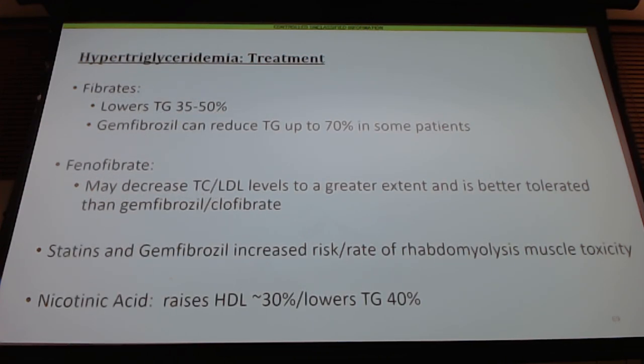The fibrates are going to be kind of our go-to because, one, they have the best response according to literature in lowering triglycerides in those severe hypertriglyceridemia ranges, where you can expect at least a 35 to 50% reduction. However, if you give them gemfibrozil, you can expect up to about 70%. So you get a much more profound impact with gemfibrozil.